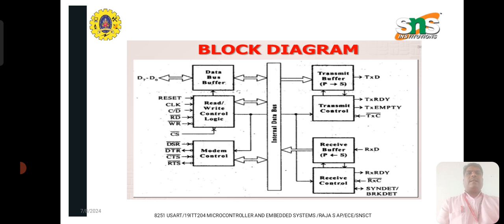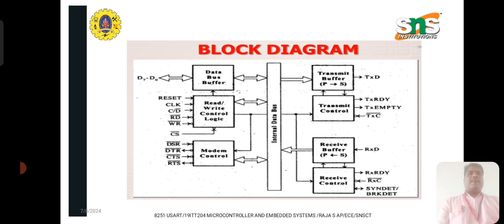The 8251 consists of 7 important blocks. One is the data bus buffer, where we do all the data communication through this data bus buffer. Next, the read-write control logic, where we can do the read operation and write operation. Next, the modem control for transmission and receiving purposes. Then on the right-hand side, the transmit buffer, which converts parallel communication into serial communication.